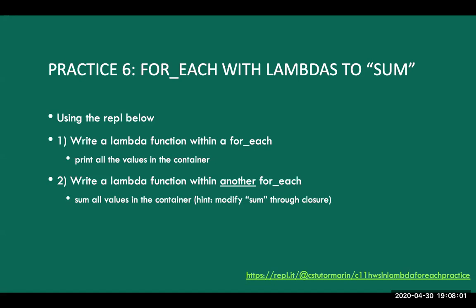Then go ahead and print the sum out after the for each finishes. You should get a value of 45. Basically, you're going to need to pass in sum, a variable sum with a reference on it, in the capture of the lambda.